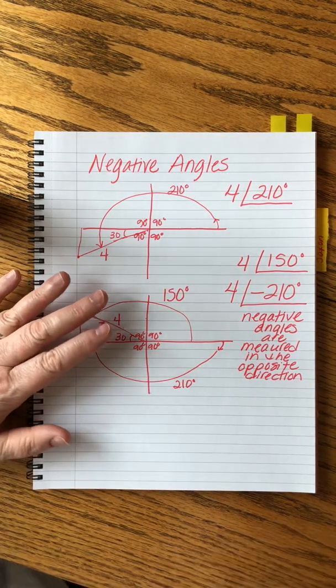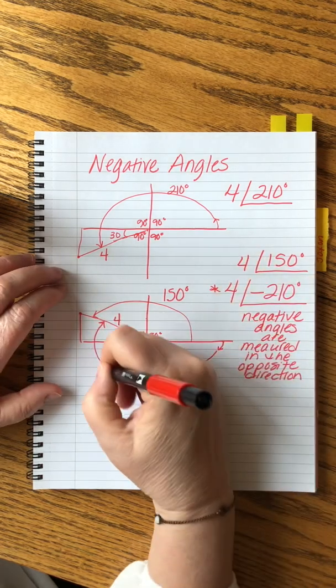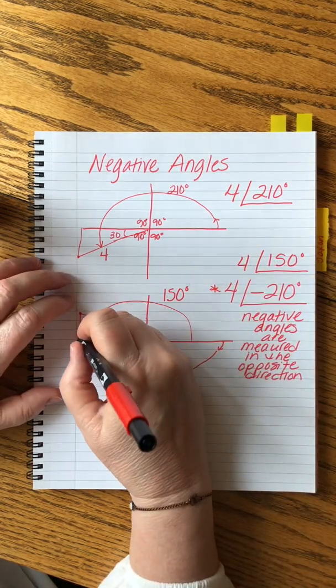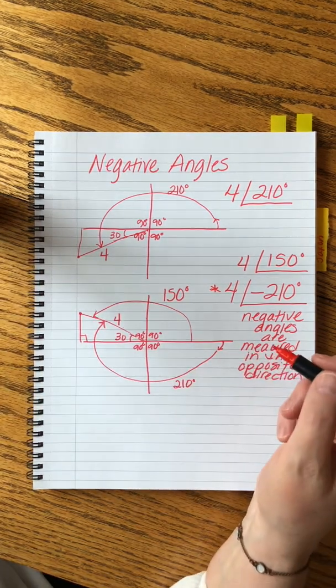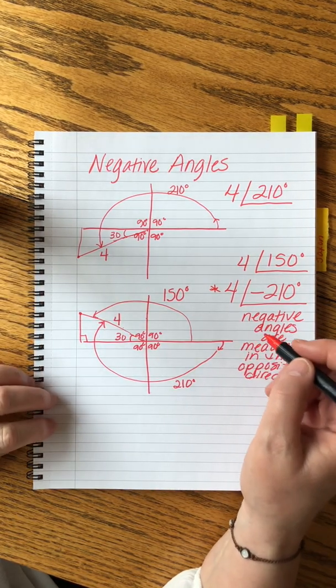Okay, so when we get a negative angle, like this one, we draw it, we create the triangle, and then we solve just like otherwise. John wants us to write it in rectangular coordinates. Okay, fine.